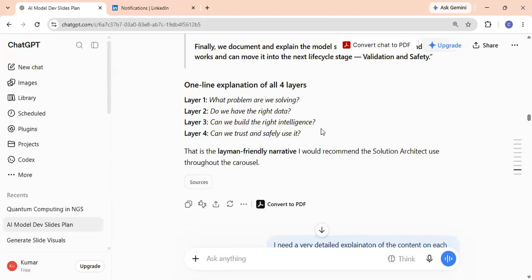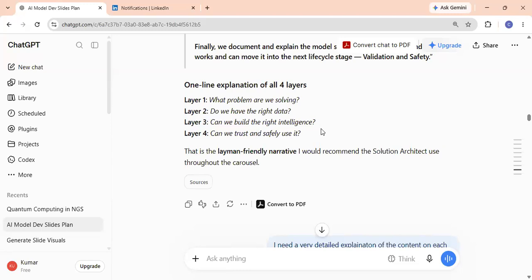Now, one more question. What are the defects that can be there in data? What are the defects that can be there in the model development? Abnormal behavior from the customer could be a defect in the data.